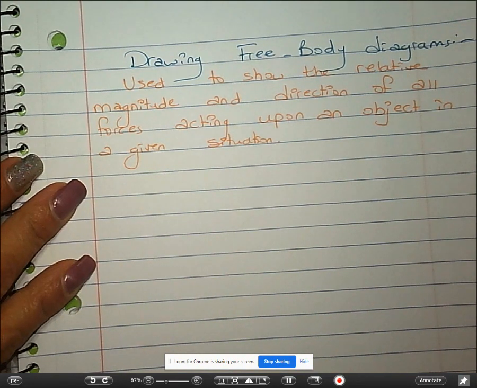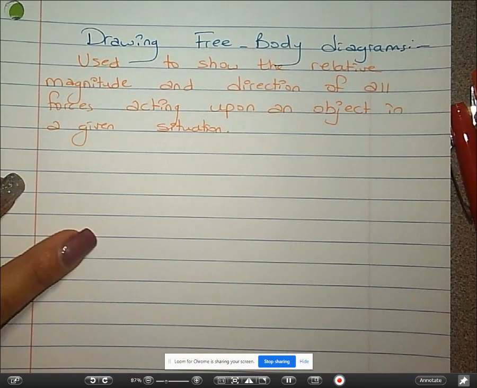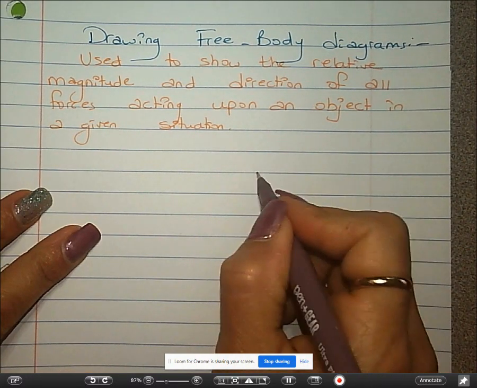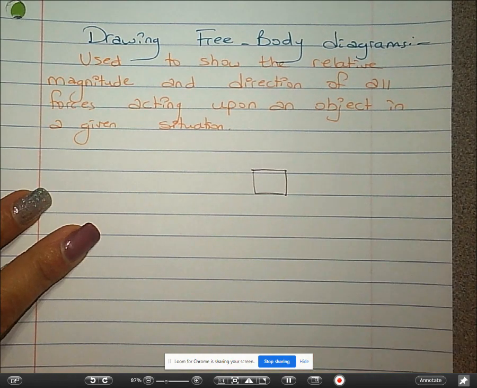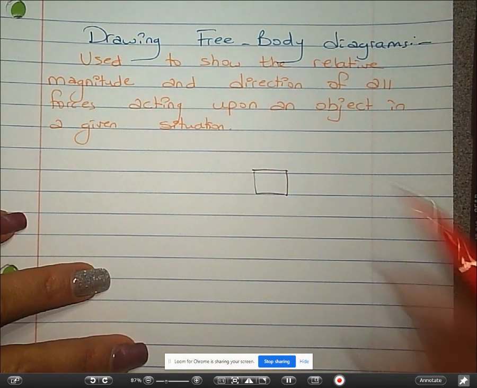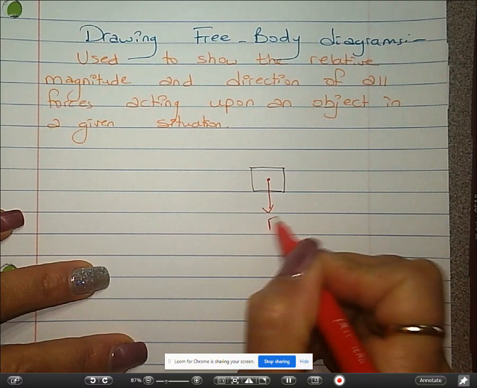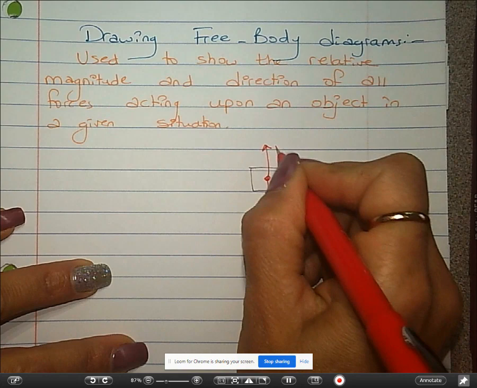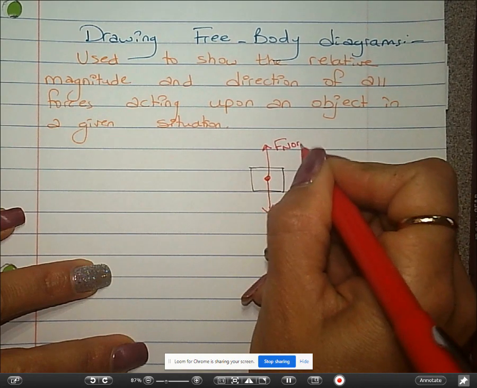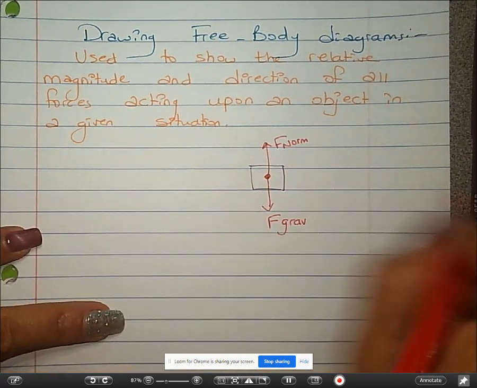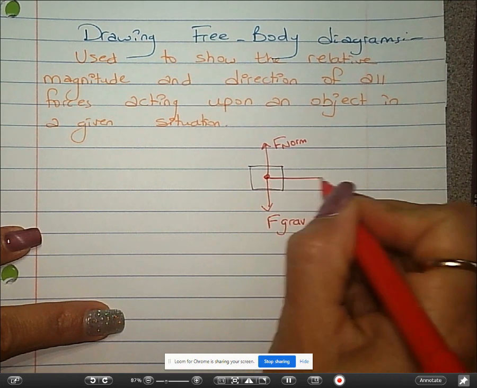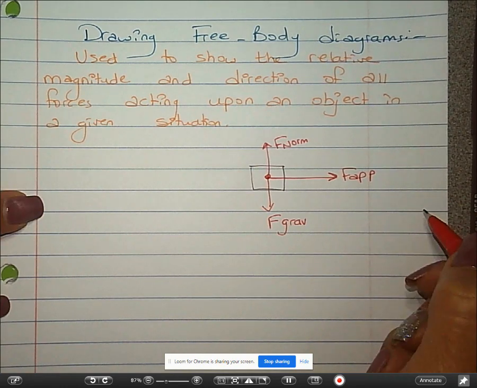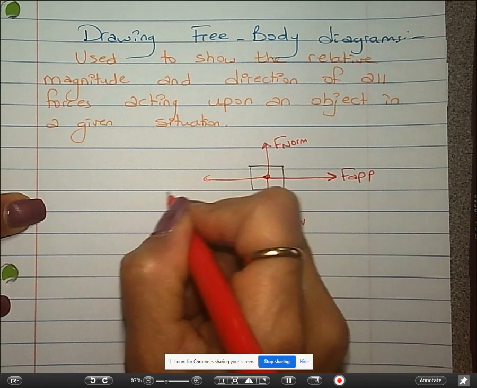I know we've done a little bit of this earlier. Let's say I have a box. For sure we have the gravity force, and then there is another equal force going upwards. We have the applied force going to the right, and we have a friction force.